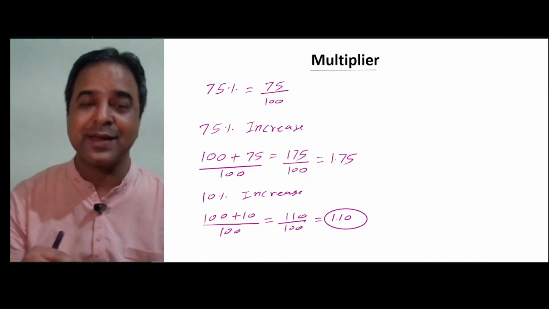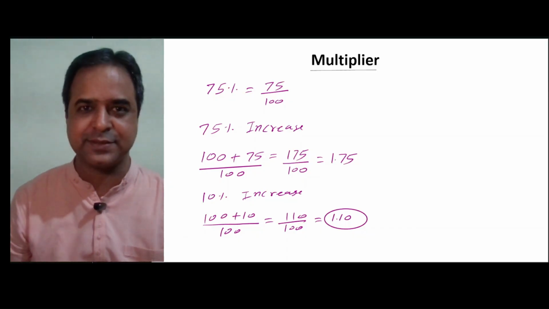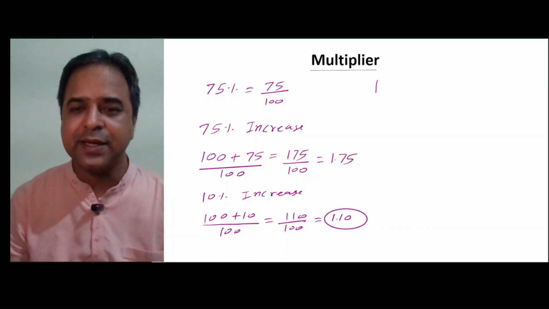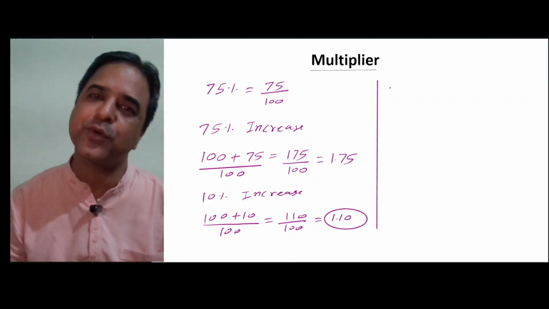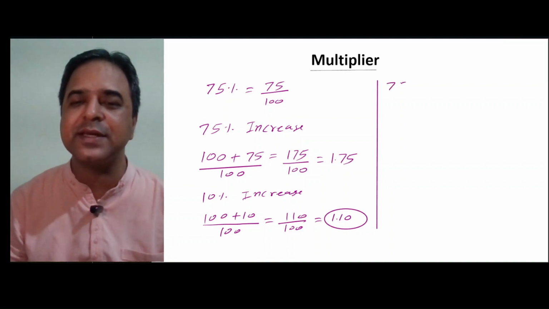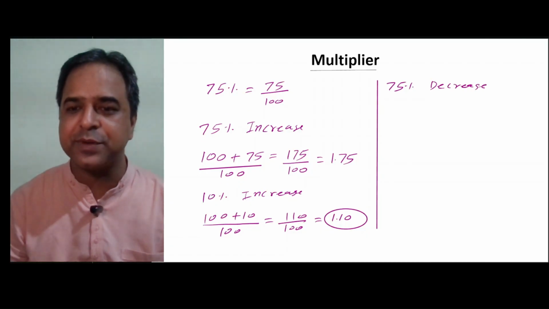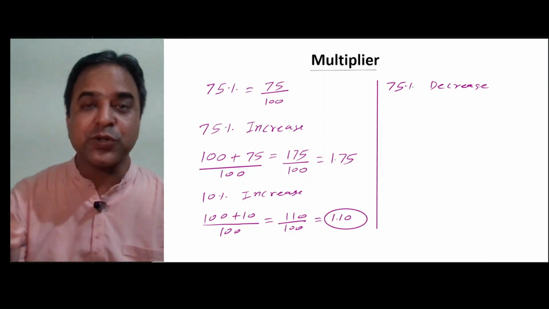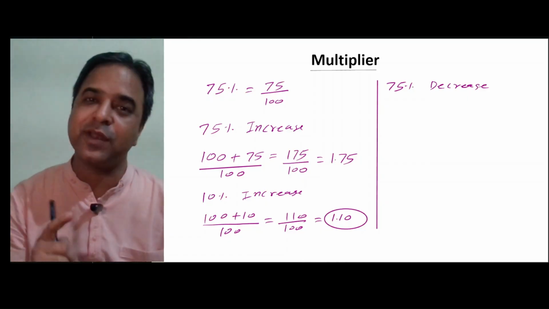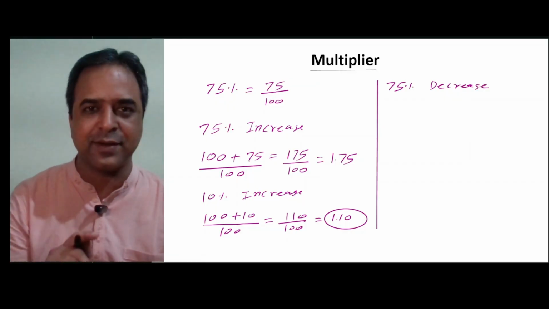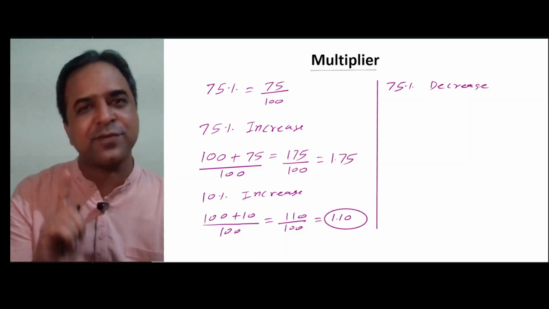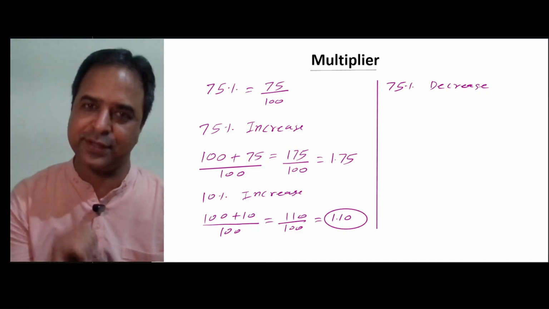Okay. Now, this was about increase, wherein we are adding whatever percentage has been asked. But if it is asked for decrease, let's see. Suppose it is written 75% decrease. If they are asking for decrease, we will be subtracting. From where will you subtract? From 100, because the total is always out of 100 only.